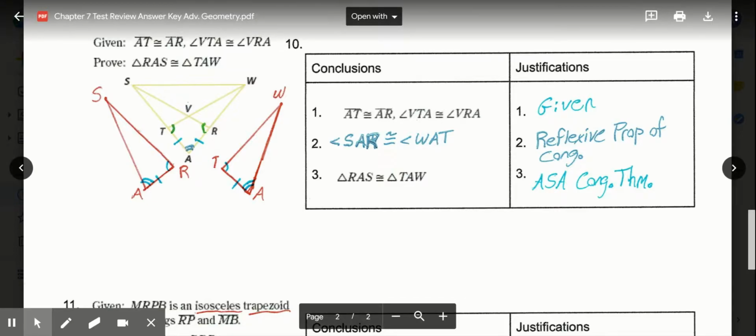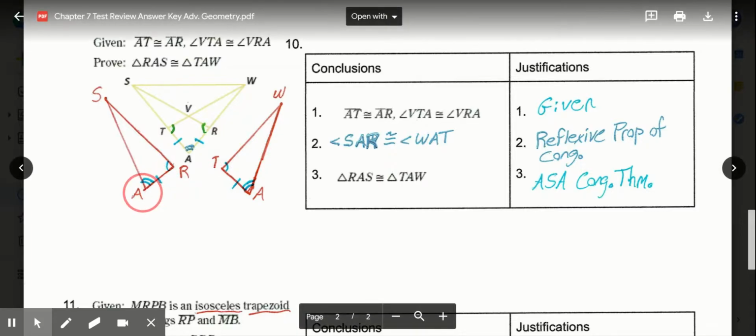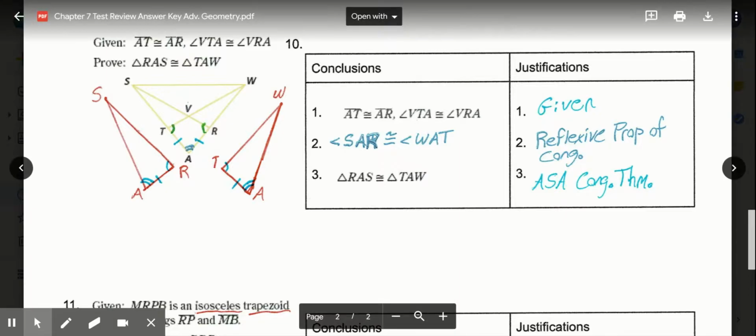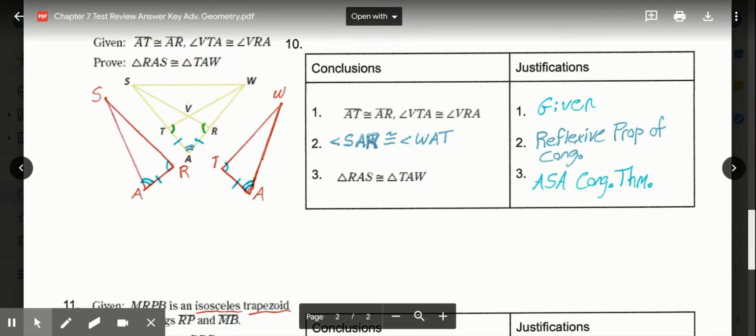Then in this case, on each triangle, as you can see, we have angle, side, angle, angle, side, angle. So corresponding parts were already matched up for us. And our justification would be the angle, side, angle congruence theorem.